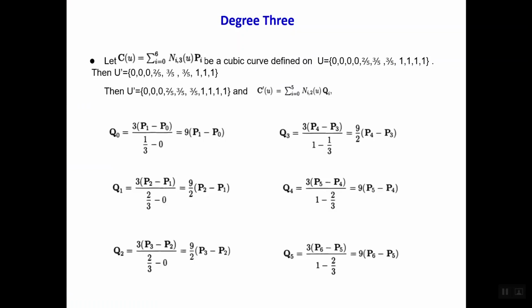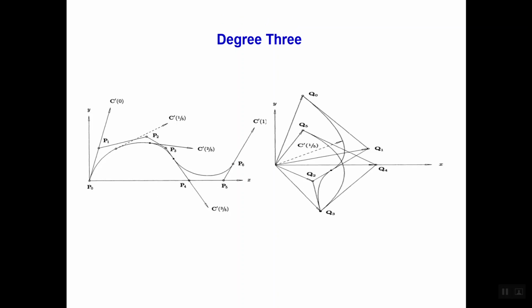In this example, we have a degree of 3, so we define C(u) as the summation of i up to 6 of N_{i,3}(u) P_i, and the cubic curve will be defined on these terms. After differentiation, we remove the first and last values, and the new equation runs from 0 up to 5, so we have six values of Q, which can be calculated by plugging values into the equation for Q. In this figure we can see the result of the six values.